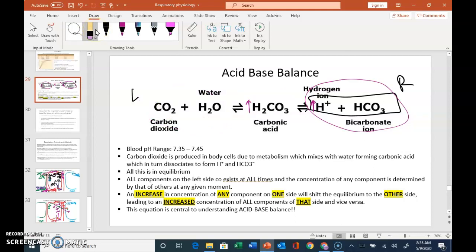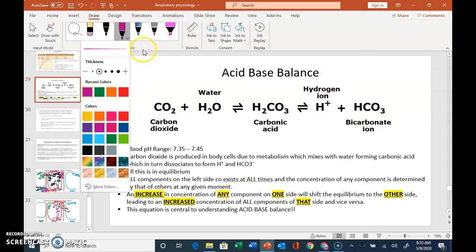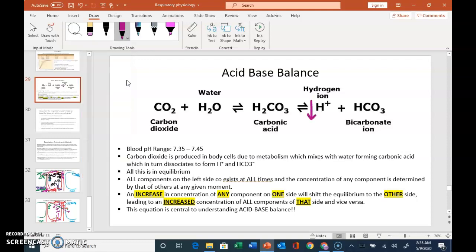Now let me erase this, and let's take this one. Now let's say we have decreased concentration of hydrogen ion. When you have decreased concentration of hydrogen ion, then you will have decreased carbonic acid, and then the carbon dioxide concentration will also decrease.